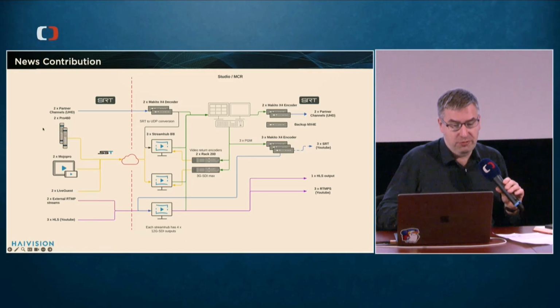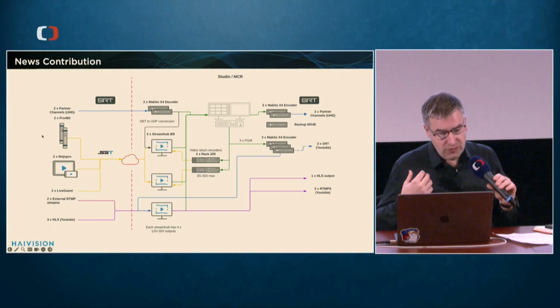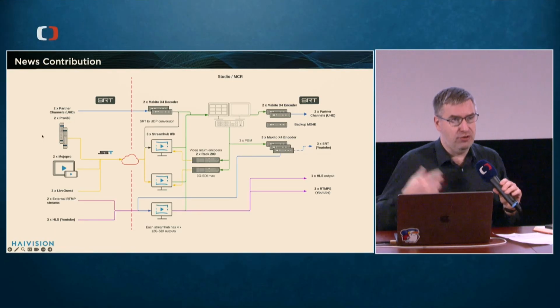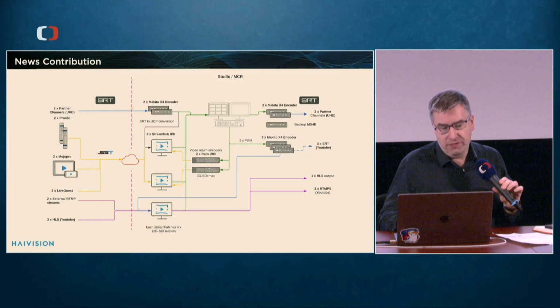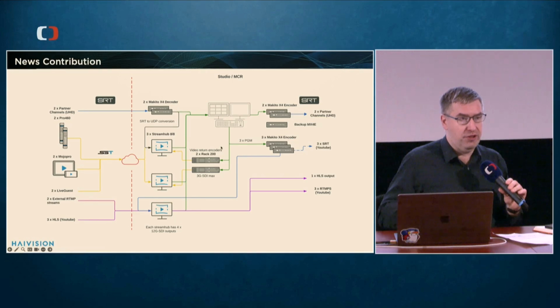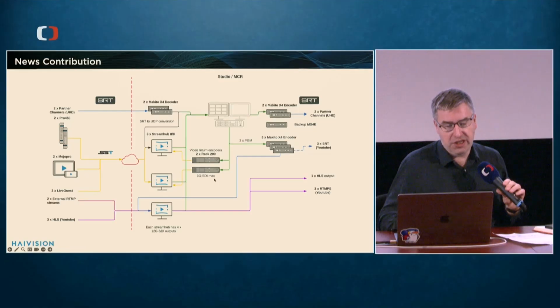Then from field contribution, it's a combination of mobile transmitters, Mojo Pro, our mobile application for SRT, going to Stream Hubs, and they receive return video feeds then from these encoders back to here.